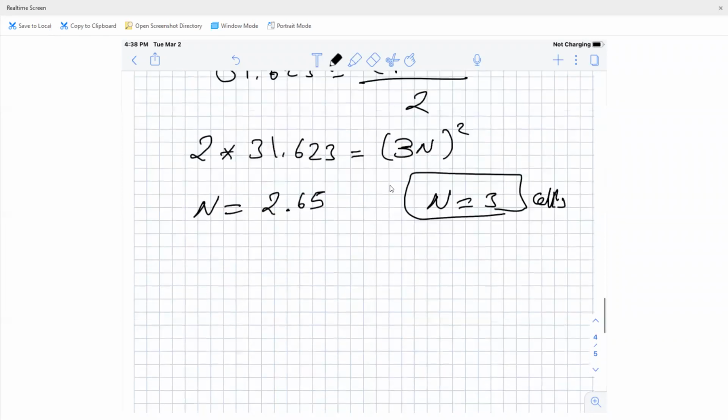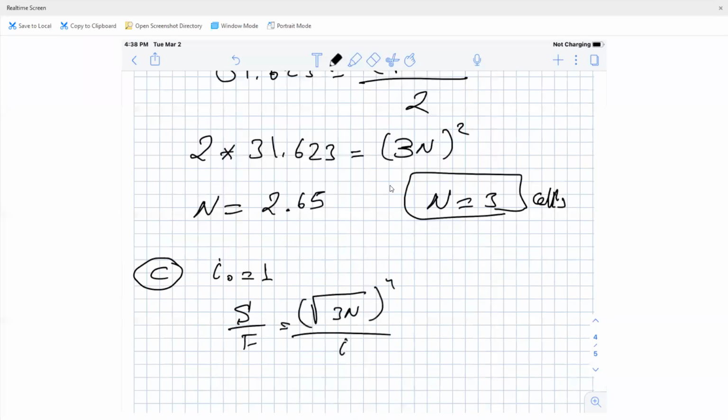Now, in the case of branch C, we have 60-degree sectoring, so I naught becomes 1. And we are going to follow the same equation, S over I equals (square root of 3N) to the power n over I naught.